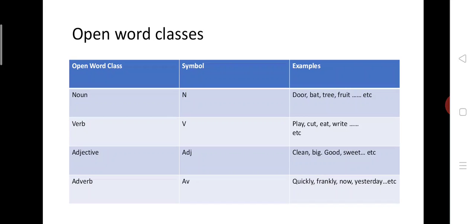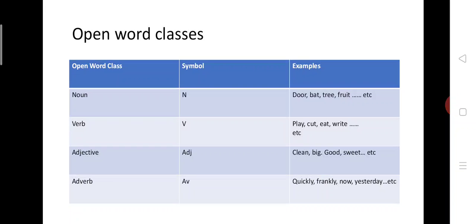When you think about another one, verb, symbol is V: play, played, cut, cut, write, writing, written, wrote. It means you are going to change the class. Next, adjective: clean, cleanliness, big, good, sweet.